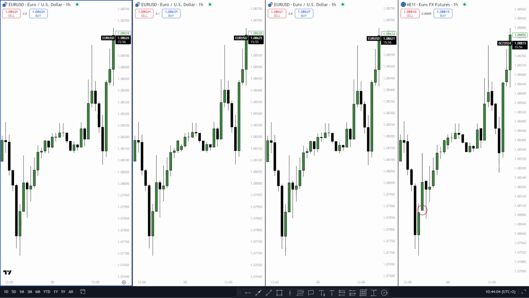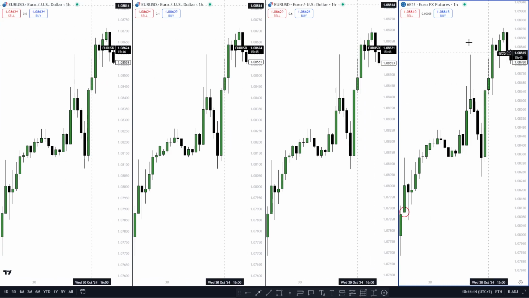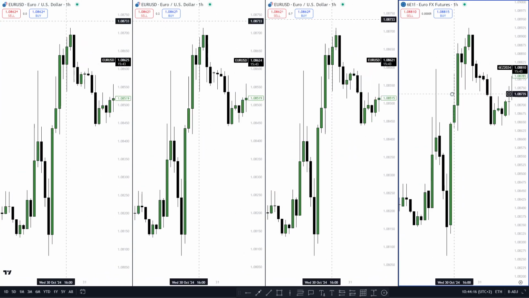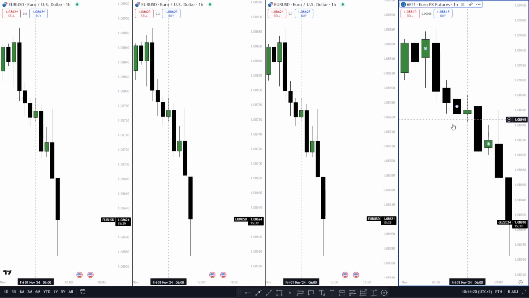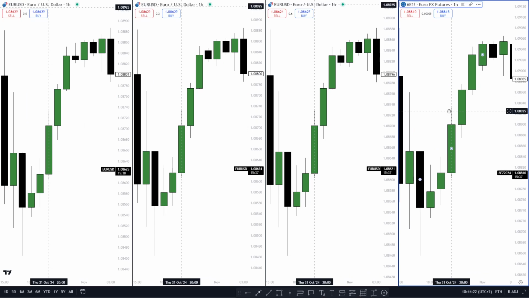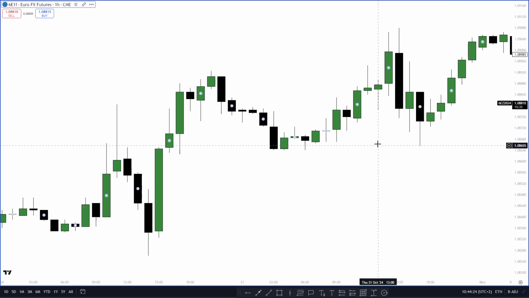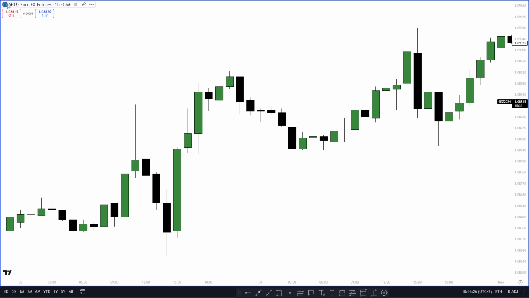let's assume that the CME, that is the centralized exchange, is resembling the closest and much more accurate price action and data. So this is the 6E EuroFX futures from the CME.